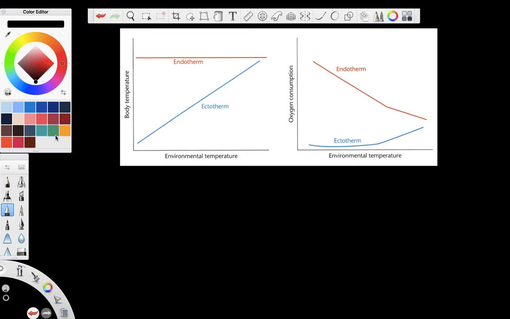So if we're talking about oxygen consumption and environmental temperature, the graph looks slightly different.